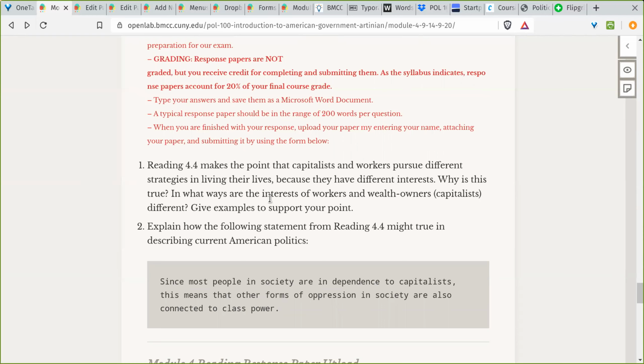Why is this true? Why is it true that different social classes have different interests in everyday life? In what way are these interests of the workers and the wealth owners different? Give an example. So here's an example to think about. Think about yourself.